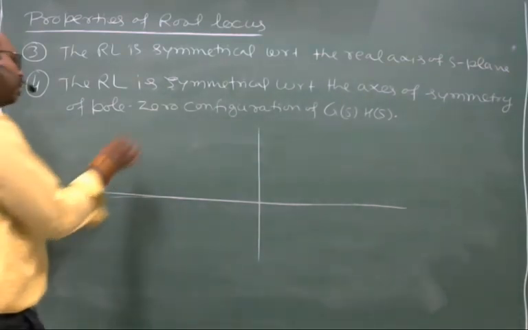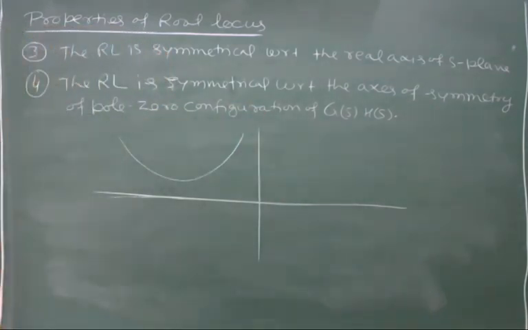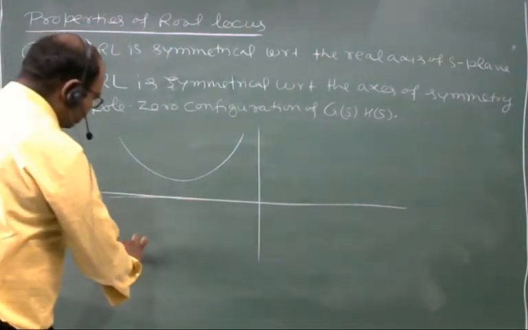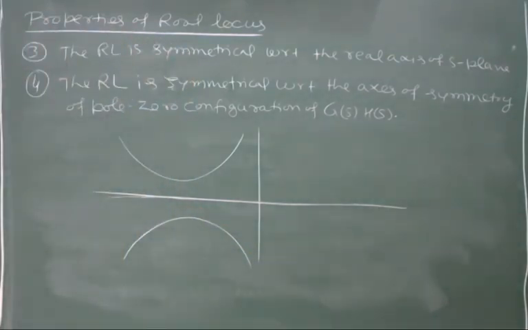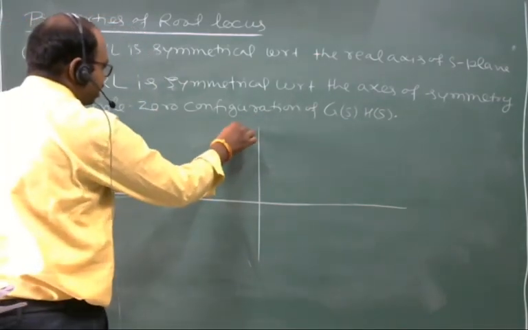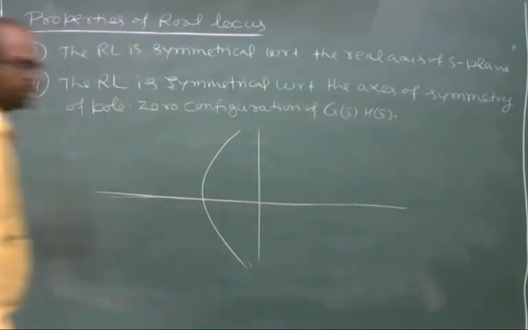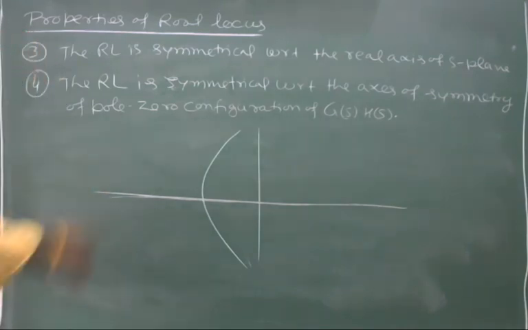If I am drawing a curve like this, then its mirror image will be here, and now the root locus is complete. This is the third point. If the root locus is like this, again it is symmetric about the real axis, right?